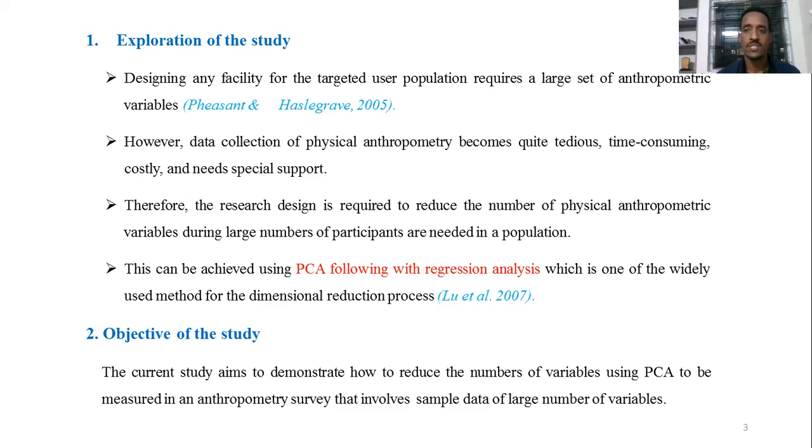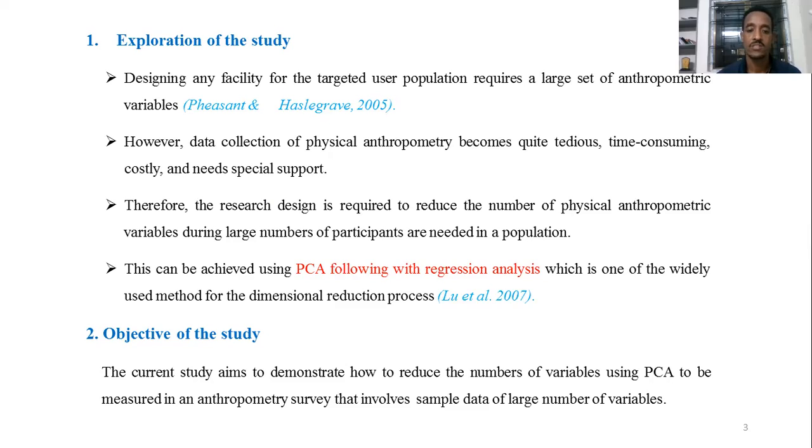So in physical measurement, due to this fact, we need to reduce the number of physical anthropometry measures, or identify those key variables which represent the rest of that large number of required variables. This can be achieved by PCA followed by regression analysis in order to identify our key variables.